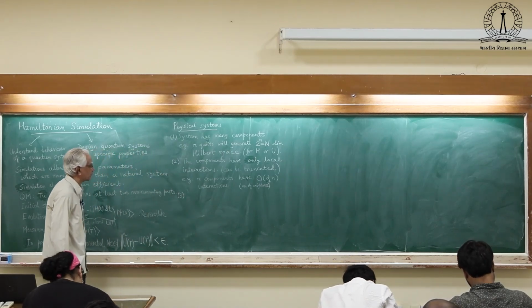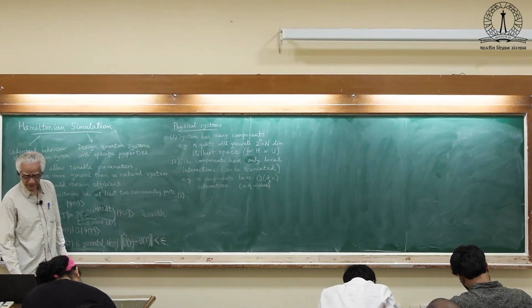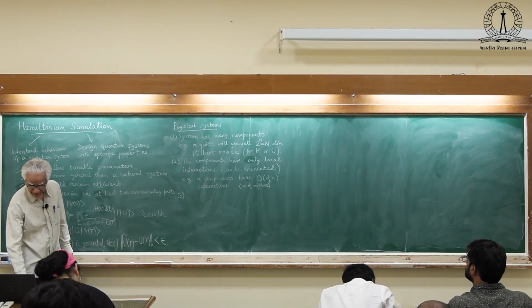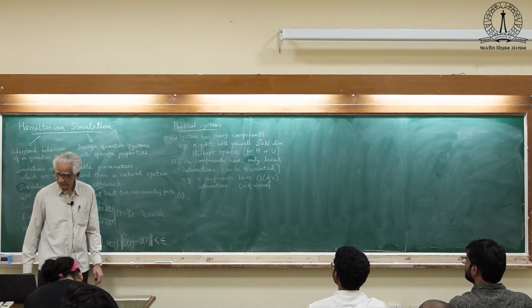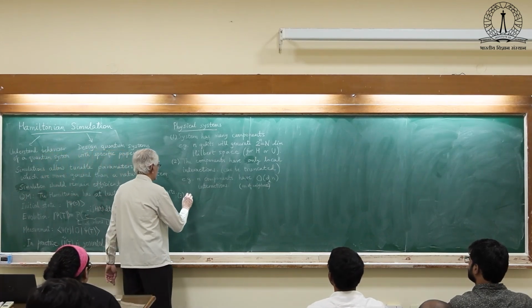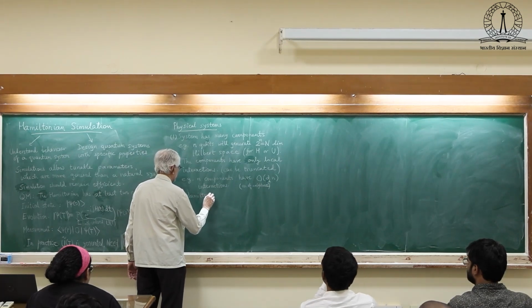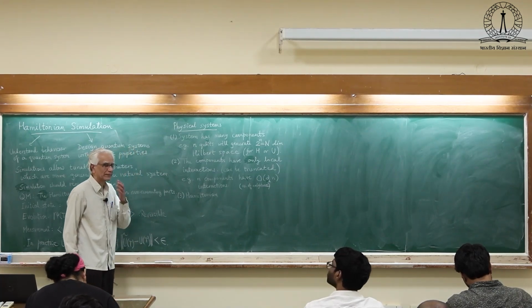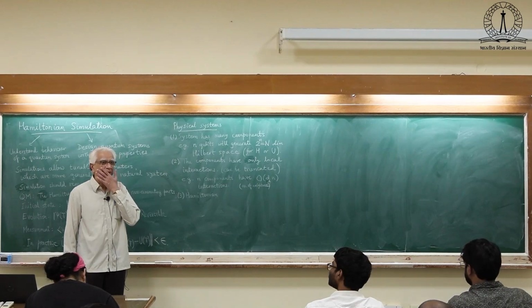And the last thing which is common is that whatever the Hamiltonian is, we are able to write it down on a piece of paper. Otherwise we can't even define the problem. What does it mean?